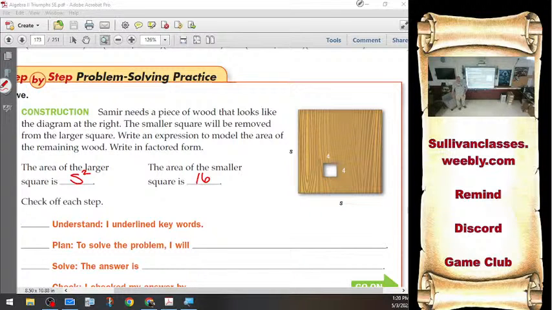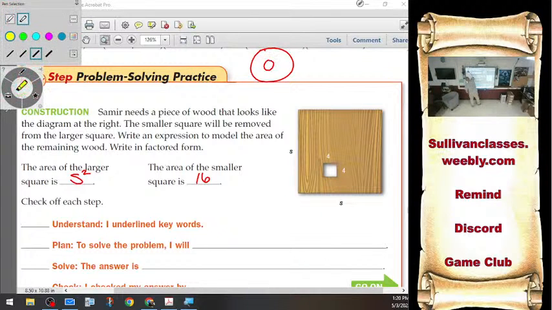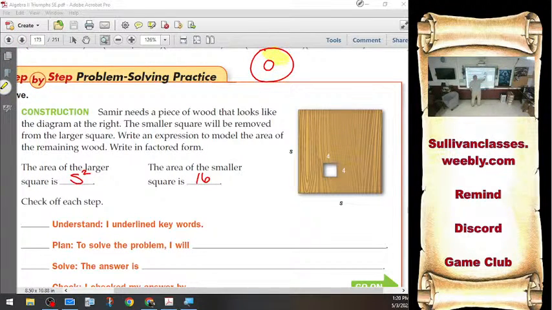You're going to get these a lot in geometry. I call them the donut problems. The donut problems are, here's the donut, find the shaded area. And the middle is not shaded. So what do you do? You take the whole donut minus the hole that was taken out. Right?